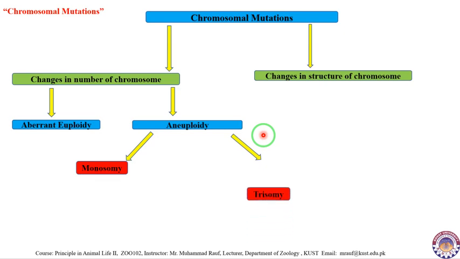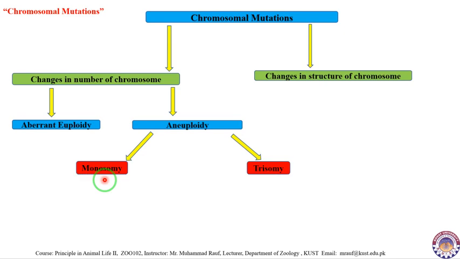The second is trisomy. Trisomy is a situation where the other gamete, which had 24 chromosomes, is fertilized by a normal sperm. So the overall chromosome complement of the fertilized egg will be 47. So this is called trisomy.